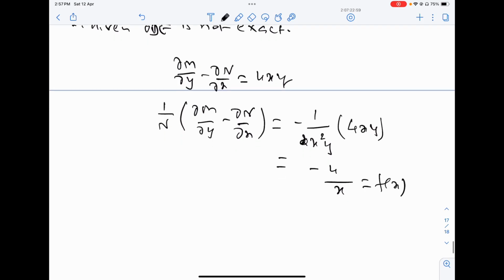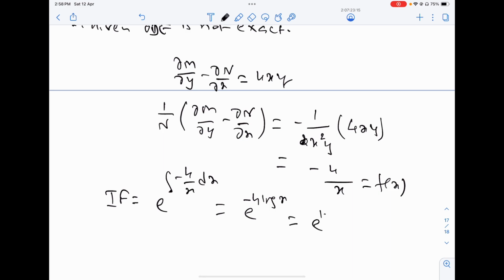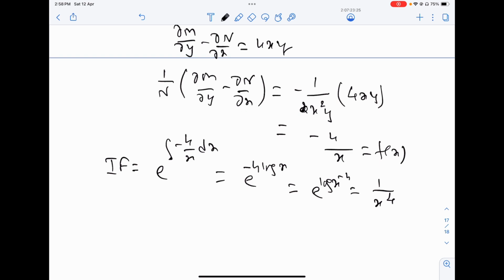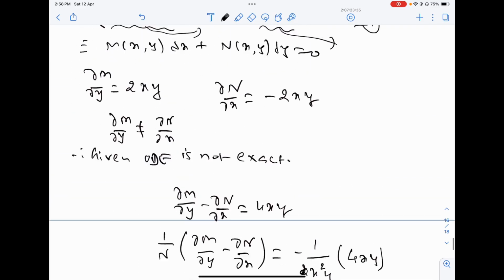So now the integrating factor is e to the power integration of minus 4 by x dx, which is equal to e to the power minus 4 log x. So it is e power log x power minus 4, or you can say 1 upon x power 4. So this is our integrating factor. Multiply equation 1 by 1 upon x power 4.